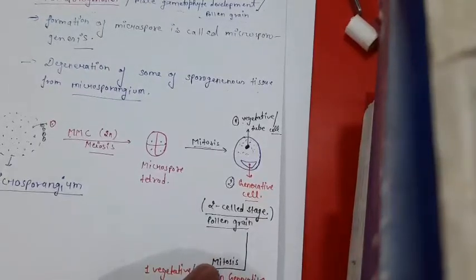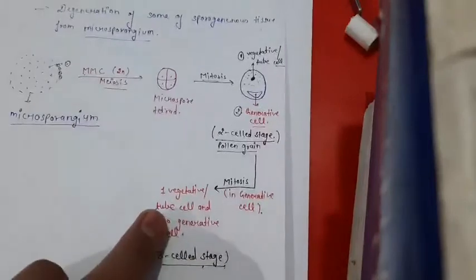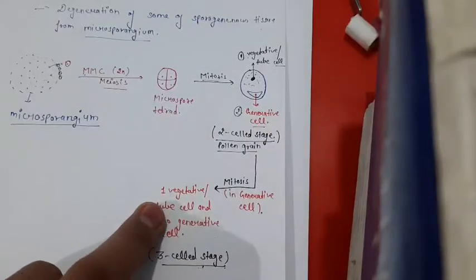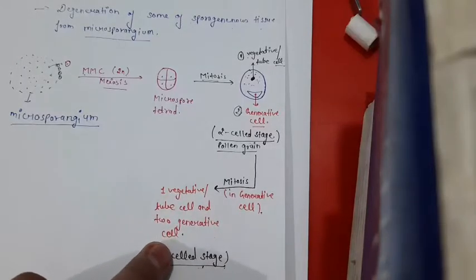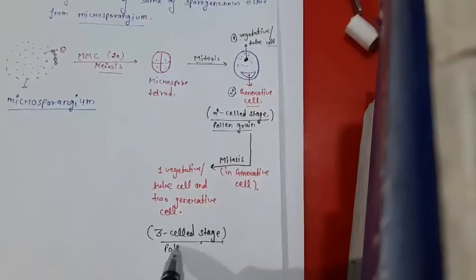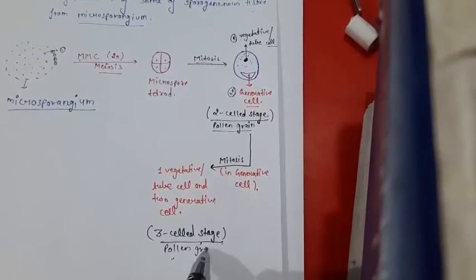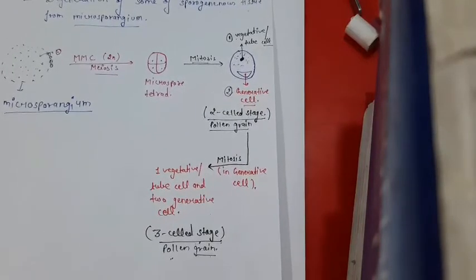After that, again mitosis takes place in this generative cell, and there is formation of one vegetative or tube cell and two generative cells. So there is the three cell stage of pollen grain. That's all about microsporogenesis. Now friends, we will discuss the ultra structure of pollen grain.